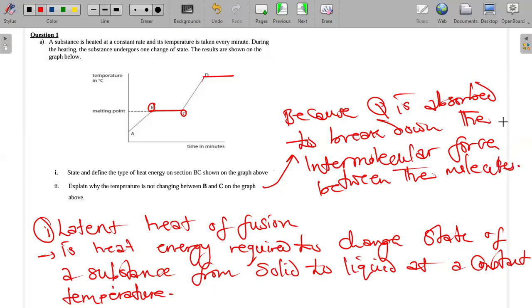This thermal energy is used to break down the bonds rather than increasing the temperature of the substance or increasing the kinetic energy of a substance. So this is the explanation that you are required to indicate here.